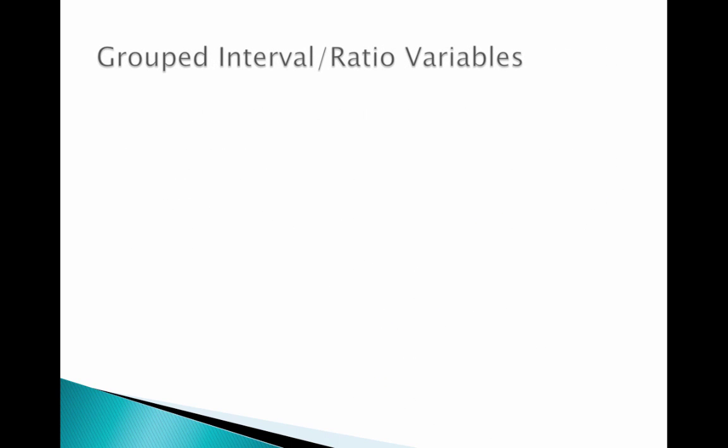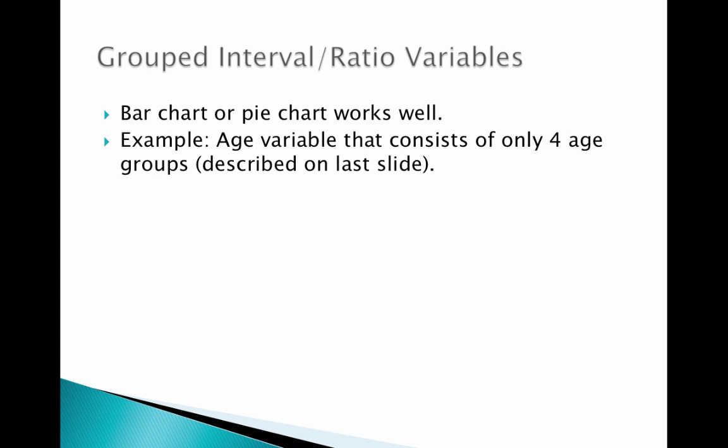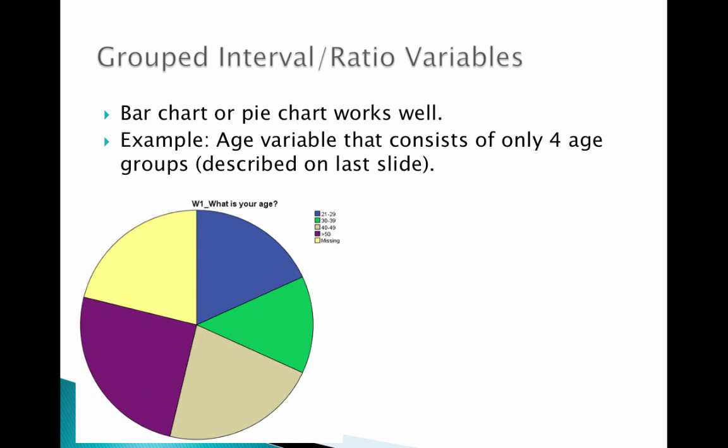Okay, so how do we actually display data for grouped interval ratio variables if we don't use a histogram? Well, we can create a bar chart or a pie chart. Remember that the 4 different groups each had a certain age group or age range, and so this is one way that we can display the data.